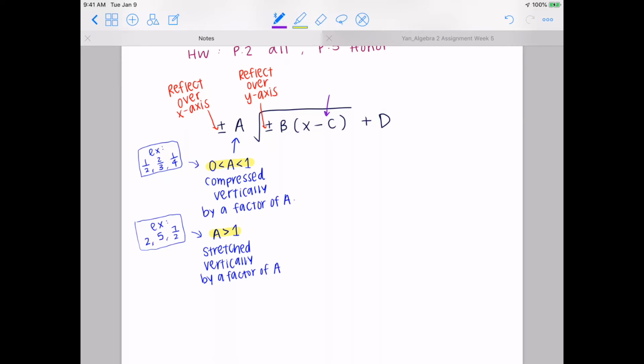If it's inside the parentheses, x minus the number or x plus the number, we're talking about translation, right? Translate left and right. If I say x minus 5, remember that means you want to move 5 units to the right.